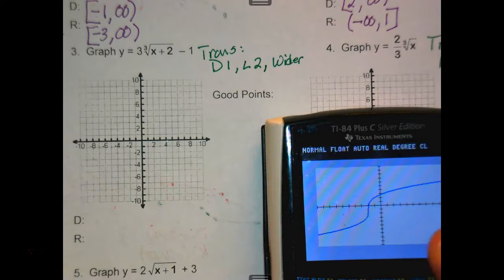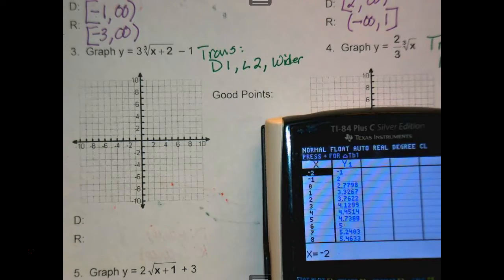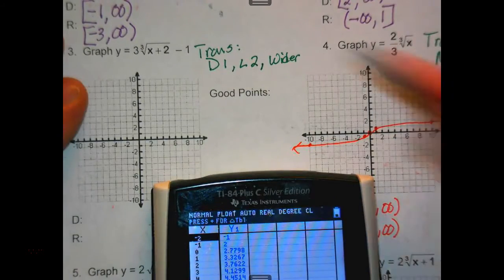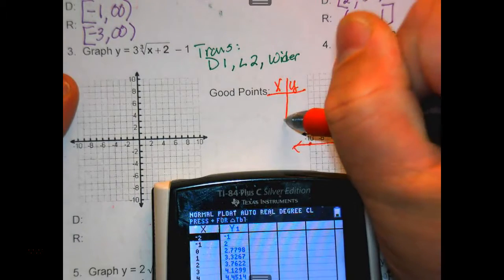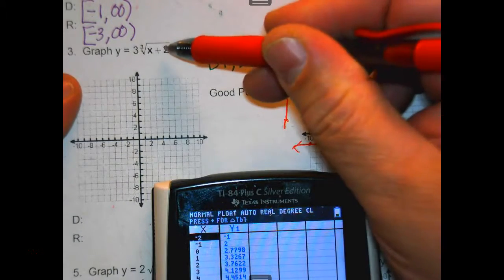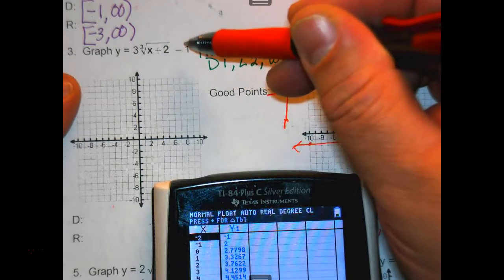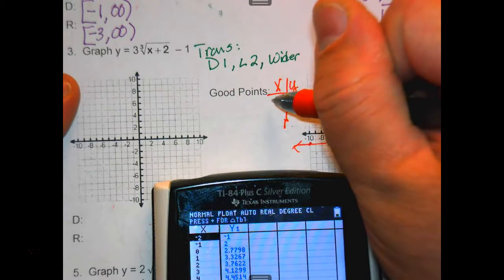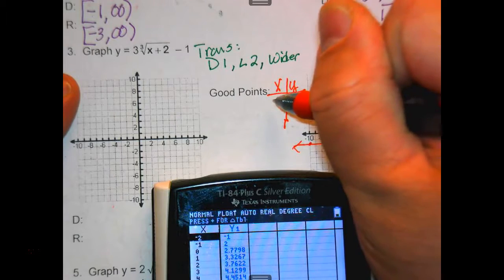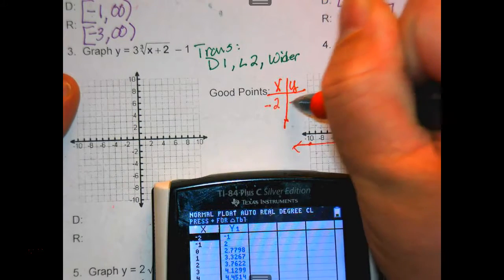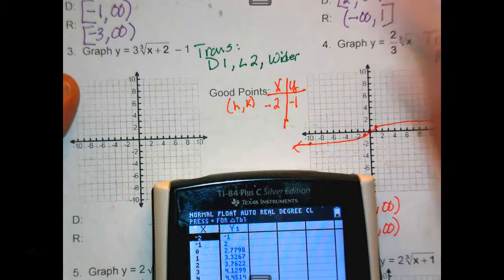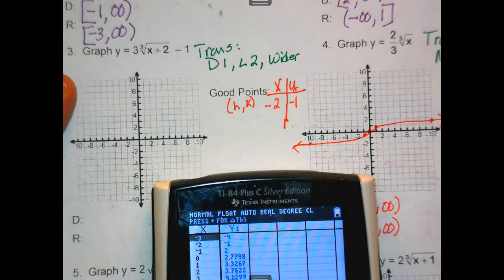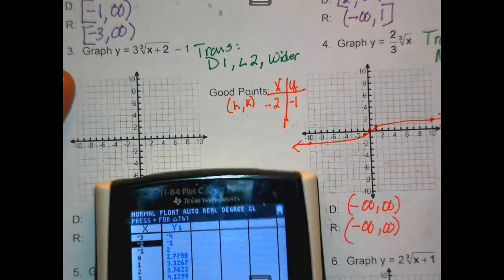Okay, let's hit our table. My HK is negative 2, 1. I'm sorry, negative 2, negative 1. So negative 2, negative 1 is my HK.